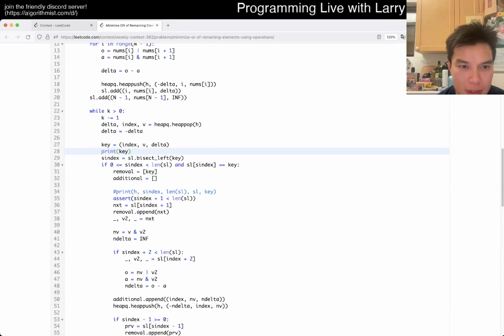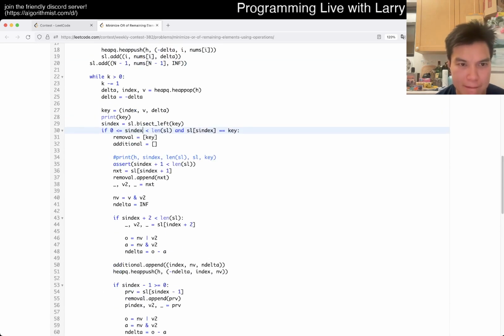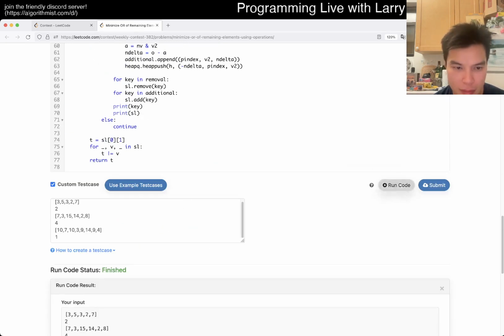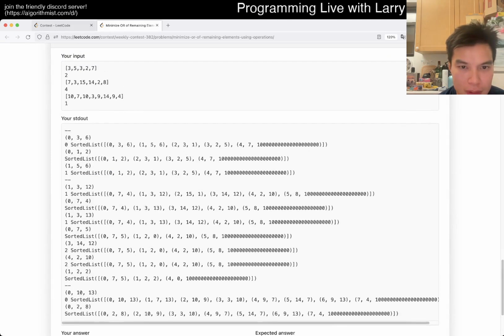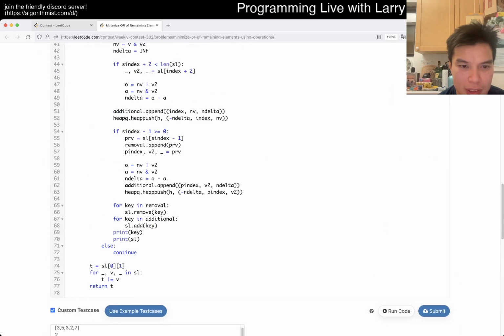036. Do we just not go all the way here? Why? Oh, 036, that's in there. 012. That's also in here. Oh, this key is different.